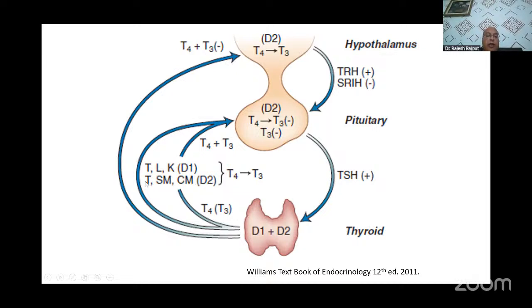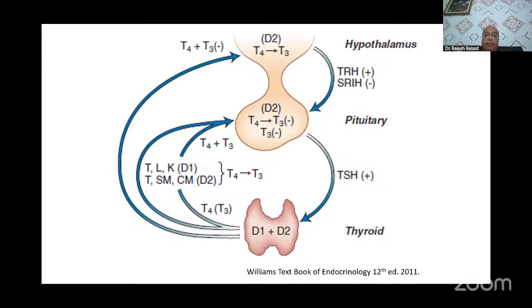Similarly, as you see, in skeletal muscle and cardiac muscle, D2 is expressed. In contrast, in liver and kidney, D1 is expressed. So, different organs have different deiodinase enzymes. Now, D3 is responsible for converting T4 into an inactive form, which is reverse T3.